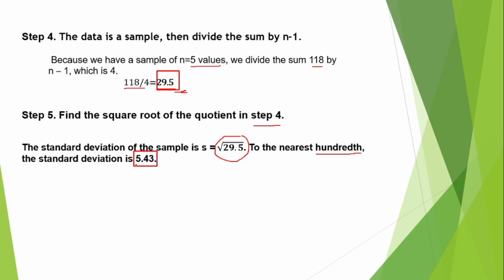So, that is the step by step on how to get the standard deviation. But since I presented the formula in finding the standard deviation of the sample, we can also use the formula.